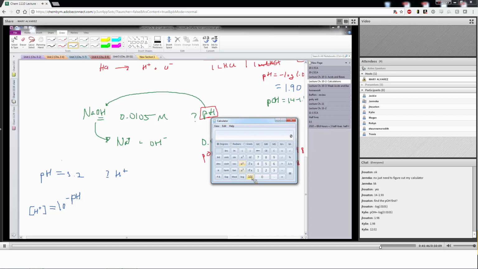If you use X to the Y, you have to define X as 10 and Y as your negative pH. I think this one will work here. So if I put 3.2, make it a negative, and then I'm going to take 10 raised to that. That gives me an H plus concentration of 6.31 times 10 to the negative fourth.